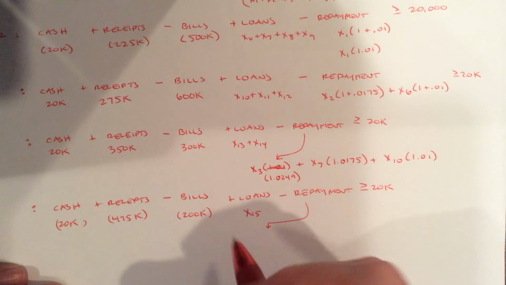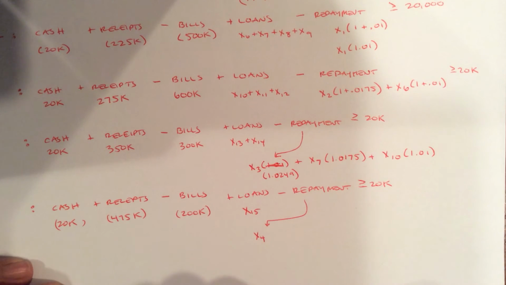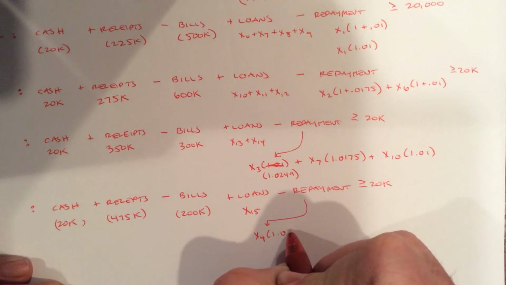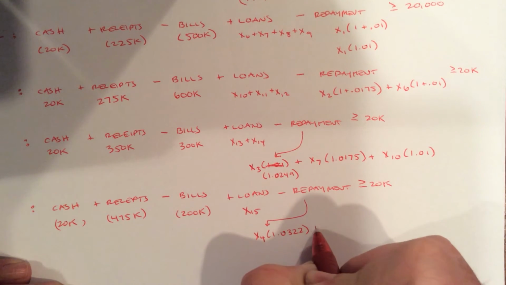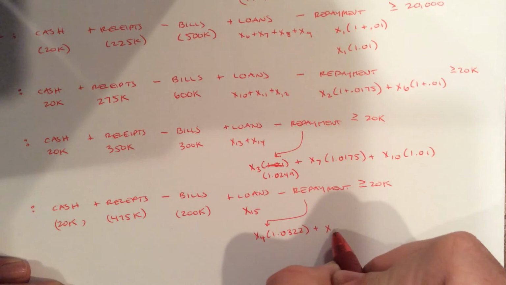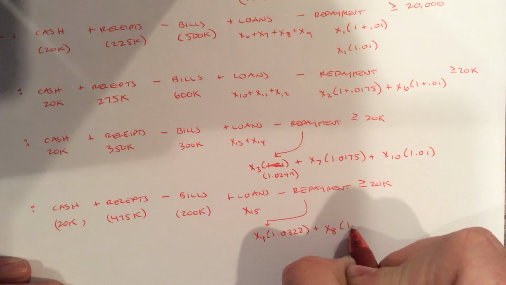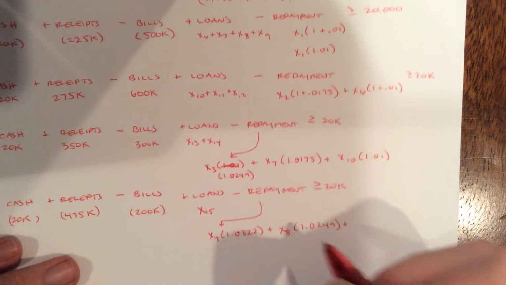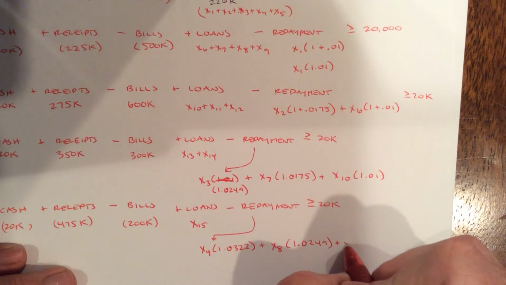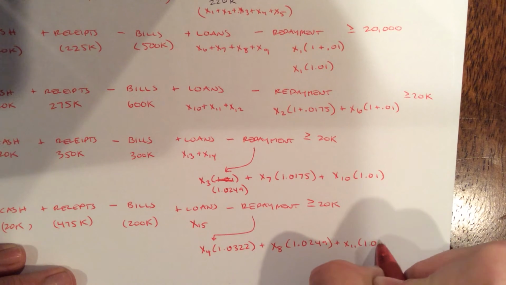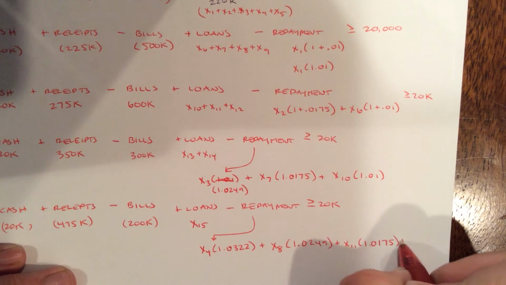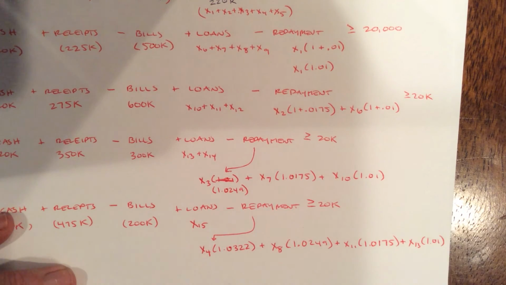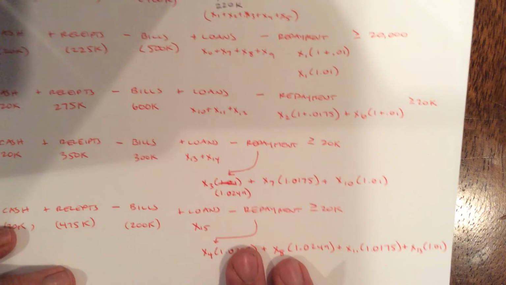X4 was a 4-month loan, and the interest rate on a 4-month loan is 3.22%, plus X8, which is 1.0249, plus X11, which was 1.0175, plus X13, which is 1.01. All right, so that's our repayment.